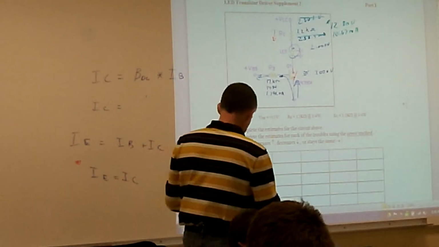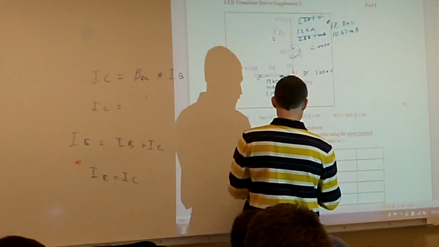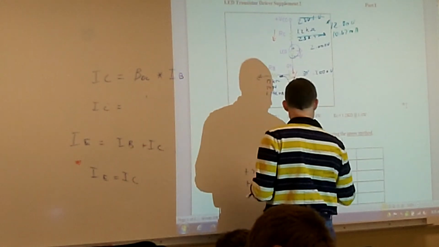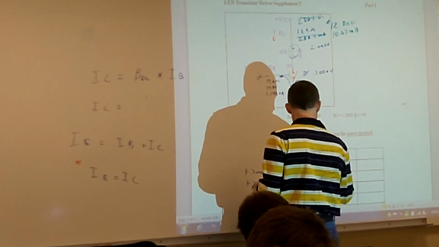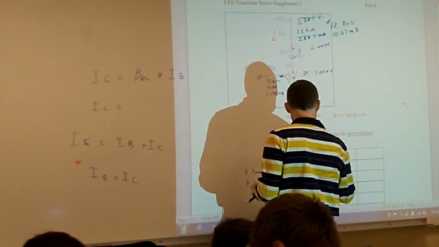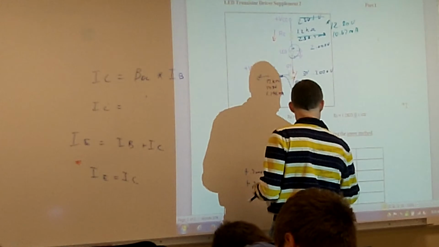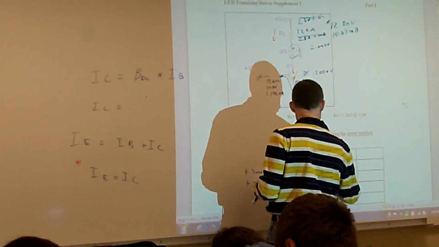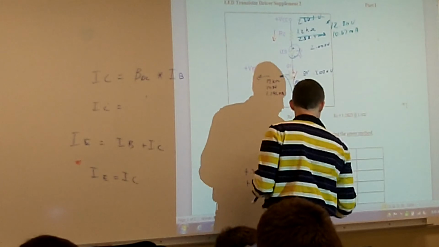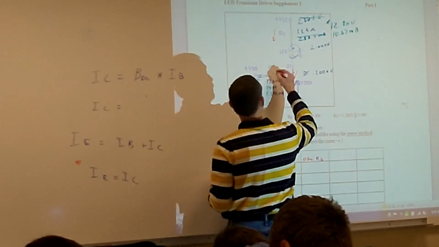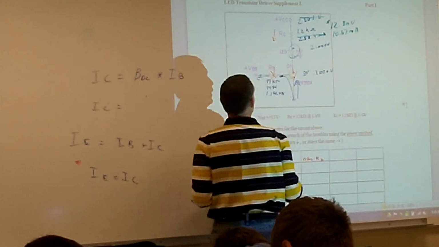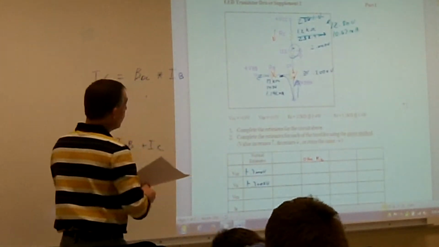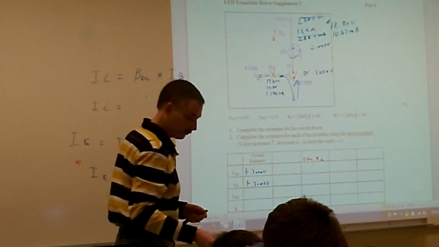So we'll just do a quick troubleshooting one here. Let's treat it that I had an open RB, meaning this resistor burnt out or came unsoldered or something like that.